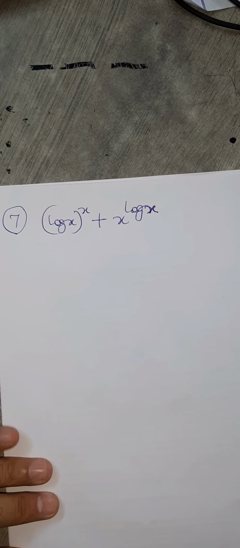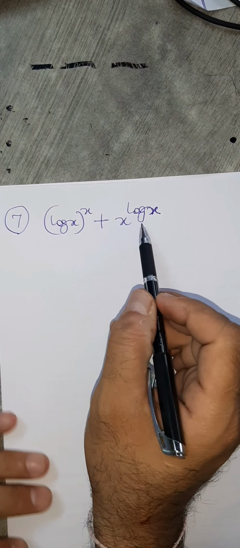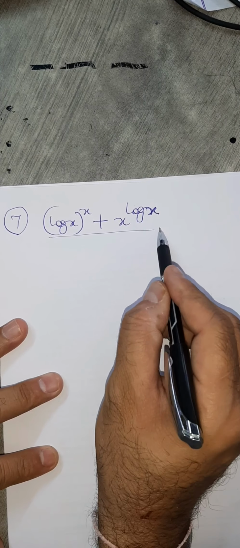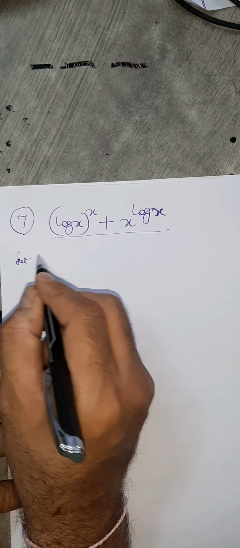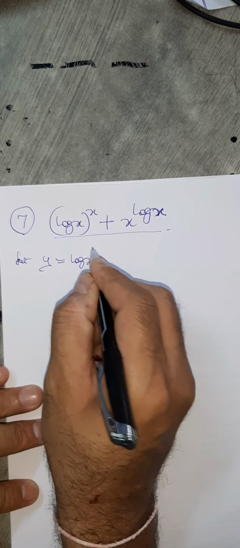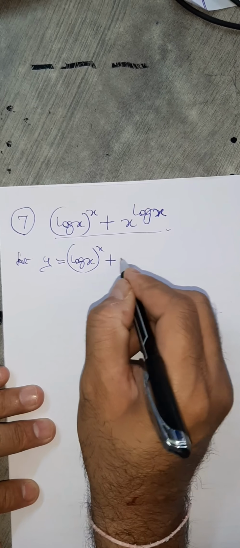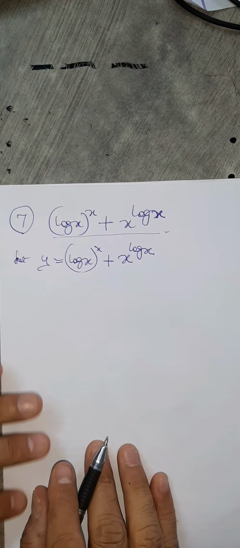Question number 7 here. Log x raised to x, x raised to log x. Both are in the variable raised to variable form. So we need to use log. So let's use y equals, I'll call this y, log x the whole raised to x plus x raised to log x. Now there are two ways.